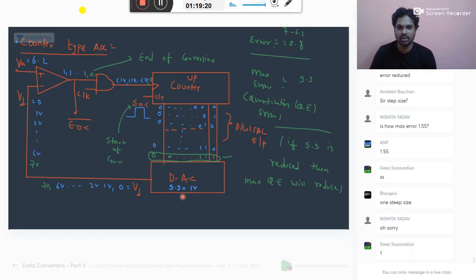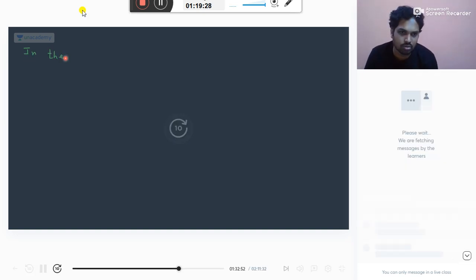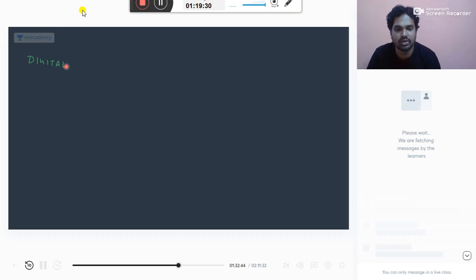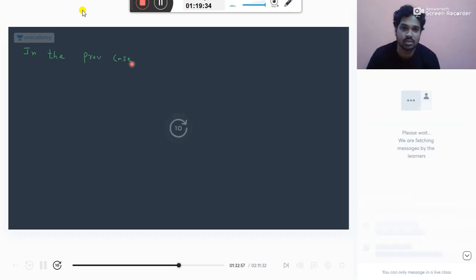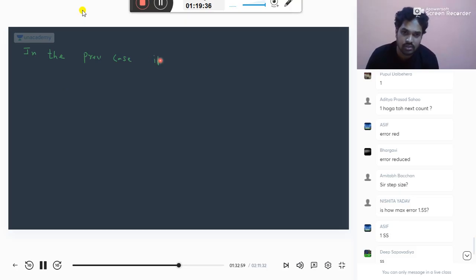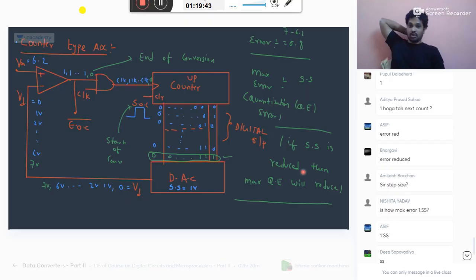Right. So here one more thing. Let me write here. What is the digital output? For example, listen only. If step size is equal to 0.5, what happens?